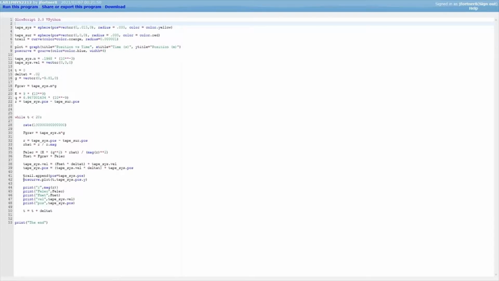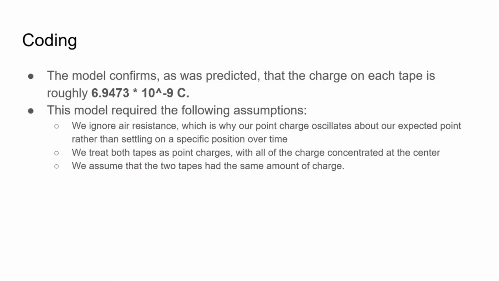And then after that, I append it to the graph and then print the graph. And what you can observe from this model is that the charge tends to float above the other charge, which is exactly what we should expect to happen. So this model confirms, as was predicted, that the charge on each tape is roughly 6.9473 times 10 to the negative 9 coulombs. But to do this, we had to make the following assumptions.